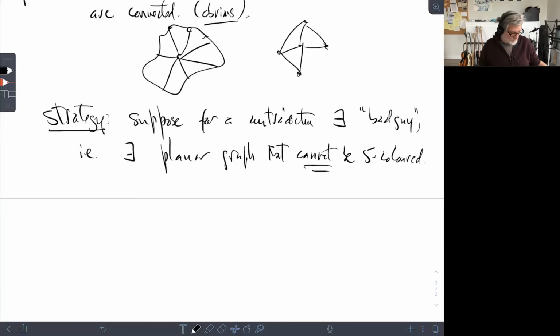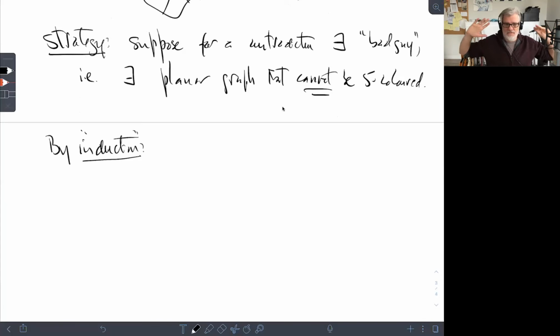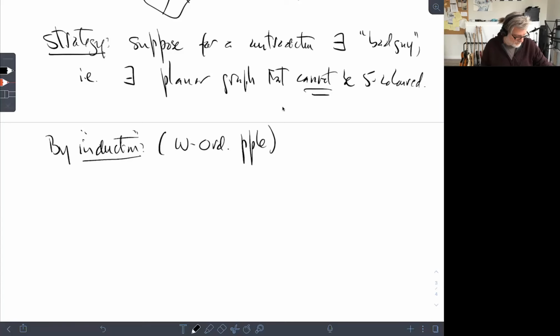Okay, so we're going to suppose that there is such a beast. By induction, right? So what is the principle of induction I'm using? I'm using the well-ordering principle. Recall what it says, that if you have a set of positive integers which is non-empty, there is a smallest element. Okay, so it's actually the well-ordering principle that I'm using.